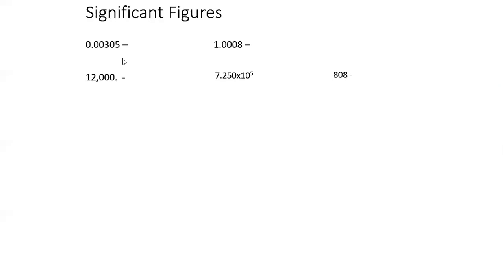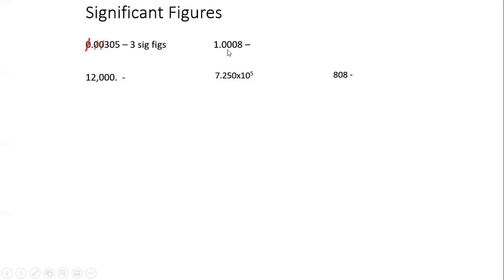And remember, leading zeros are not significant. So this would only have 3 significant figures. Because again, leading zeros are not significant, captive zeros are significant. So this 0 is between 2 non-zero numbers.